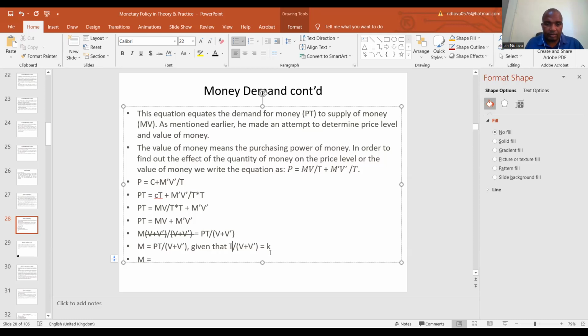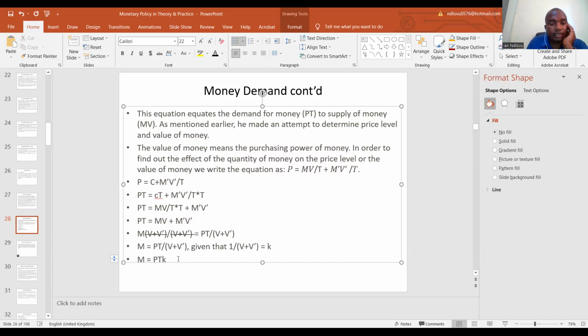M is equal to PTK, because our K is 1 over V plus V prime, which is a constant.